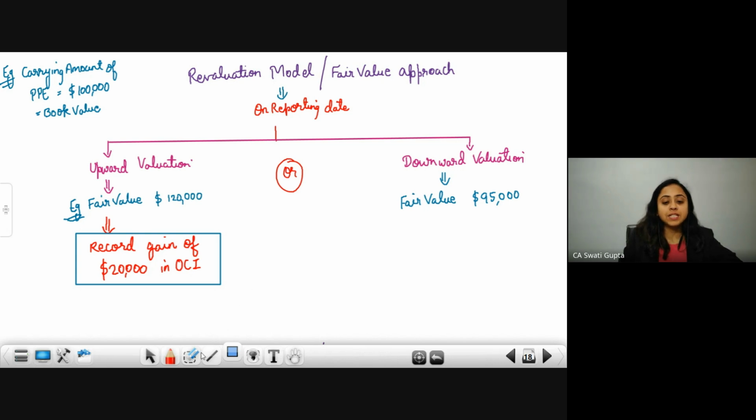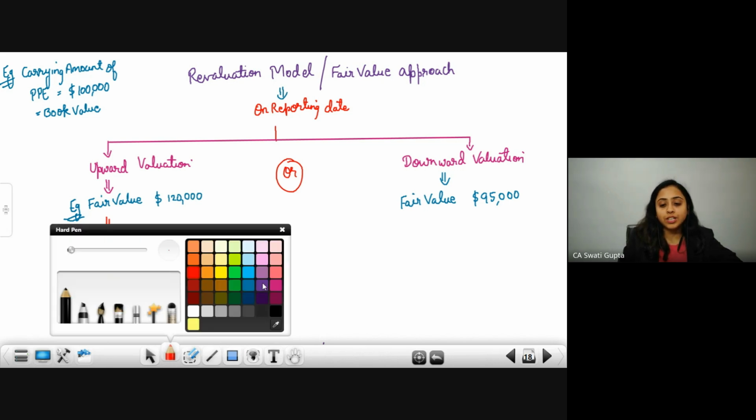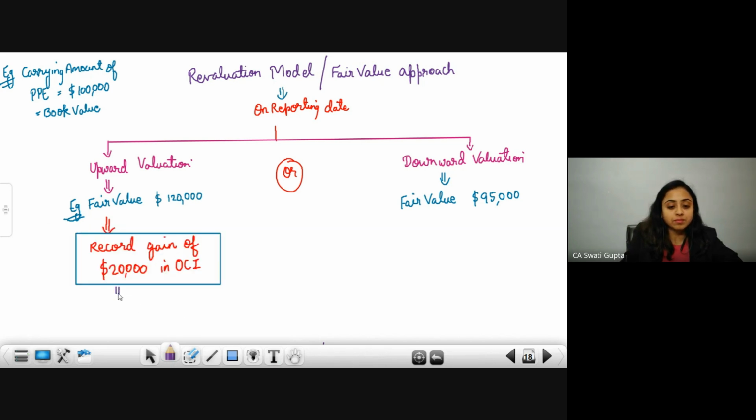This means, what will be the journal entry? A simple journal entry will be: property, plant and equipment account debit. Your property, plant and equipment account will be increased, debited by $20,000.